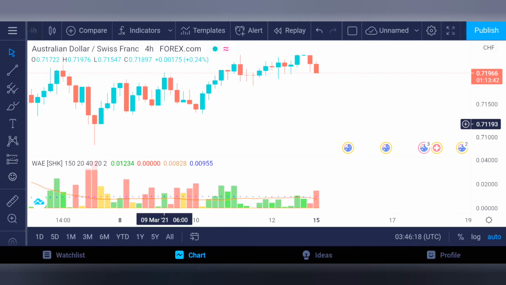The green bars are telling you that you have buying power in the market. The red bars are telling you that you have selling power in the market. That's what volume indicators basically do.